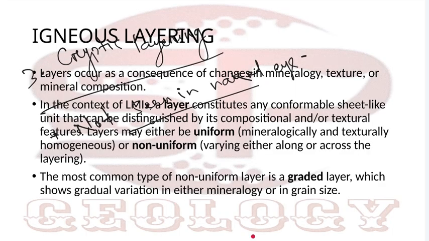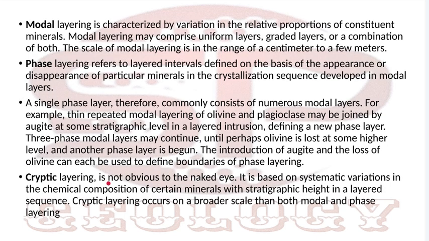So about cryptic layering, it occurs on a broader scale than both modal and phase layering. It is not obvious to the naked eye, and it is based on systematic variation in the chemical composition.